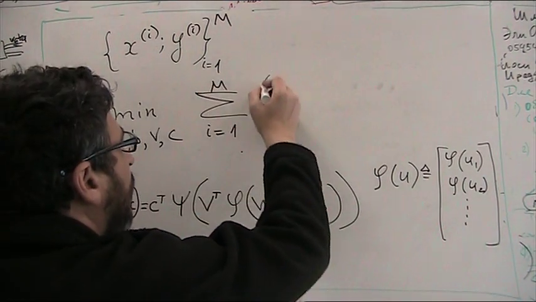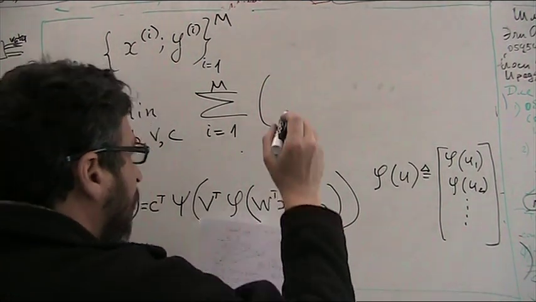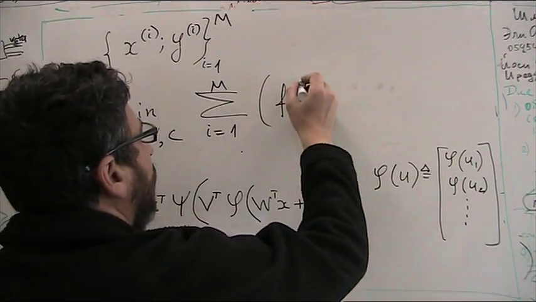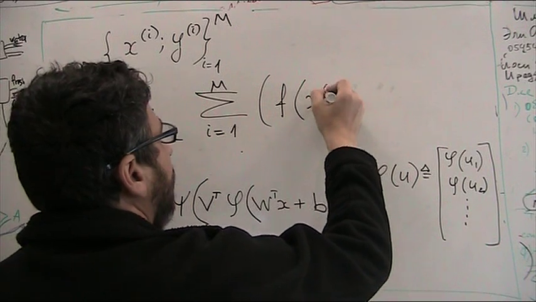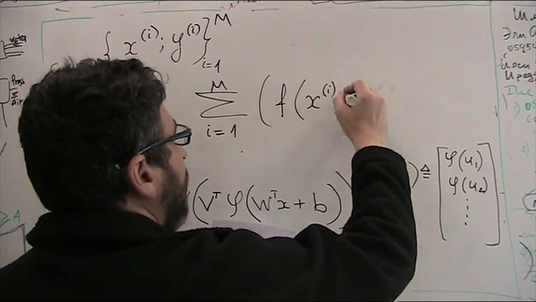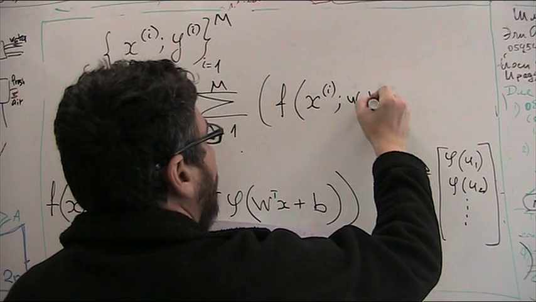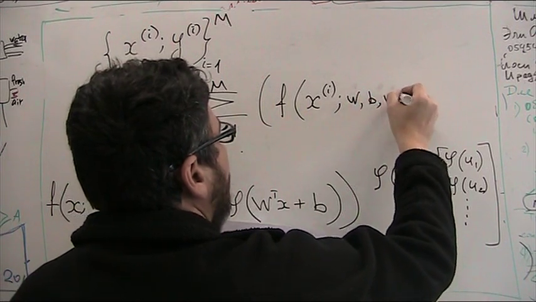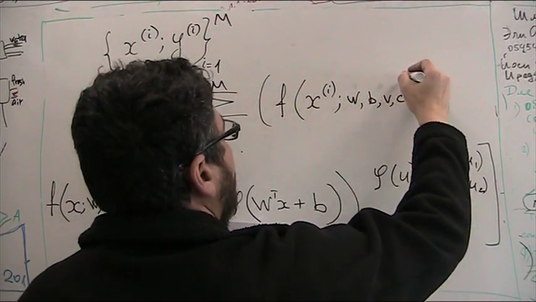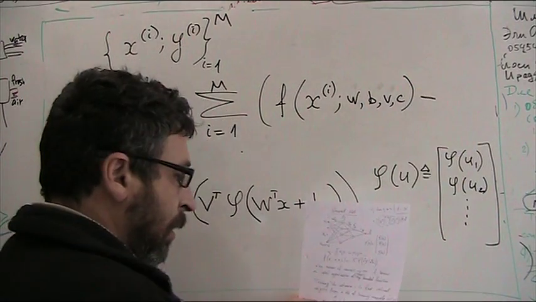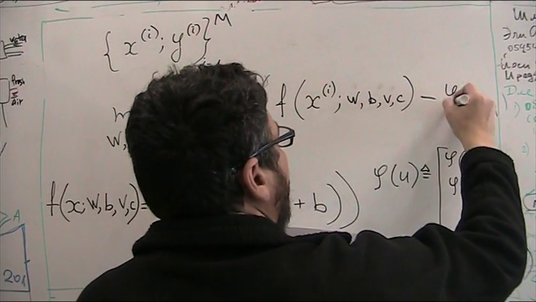For example, the square error, the square difference between my function f of xi with these parameters w, b, v, and c, minus the measured y's, yi.